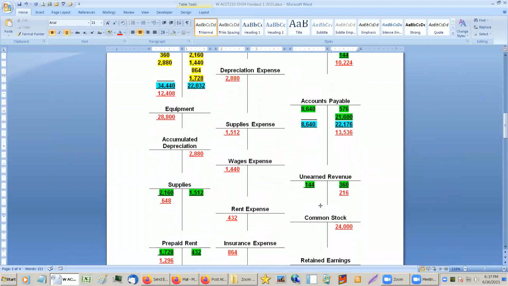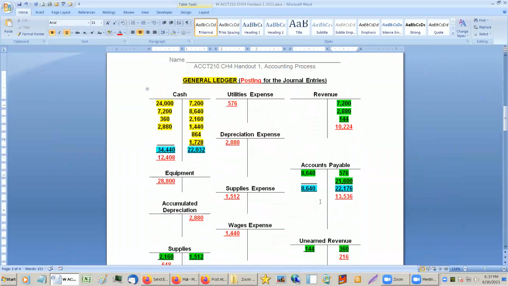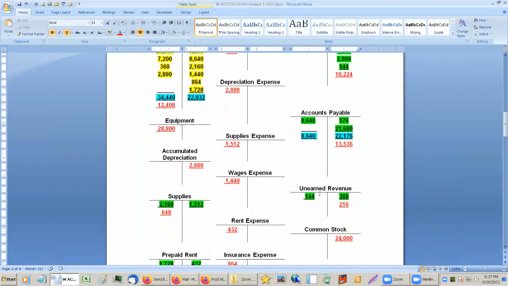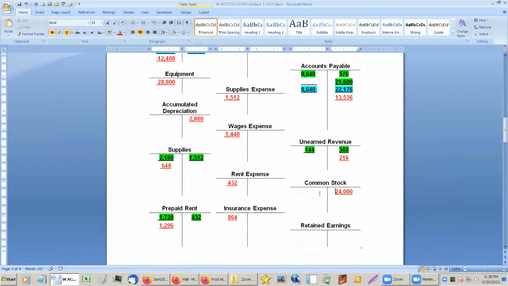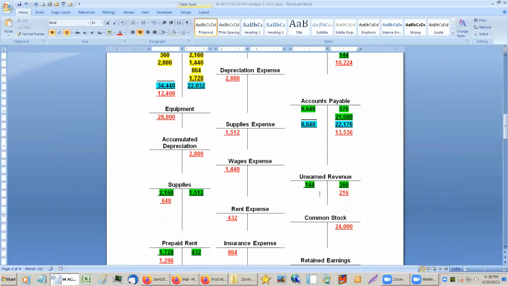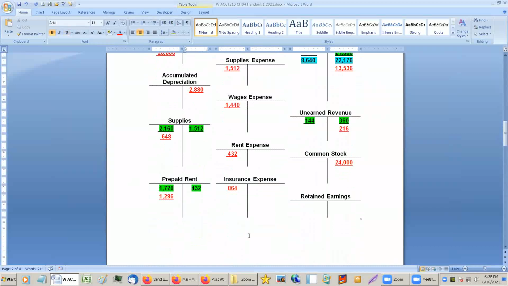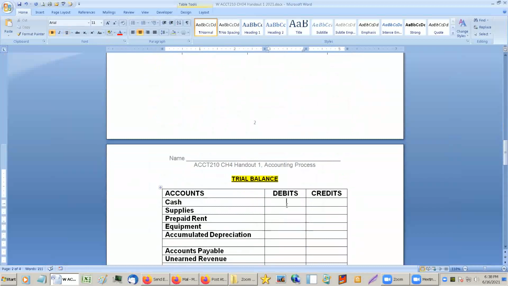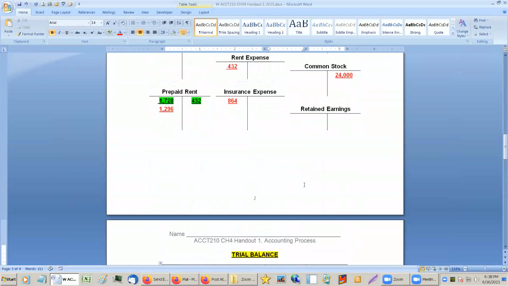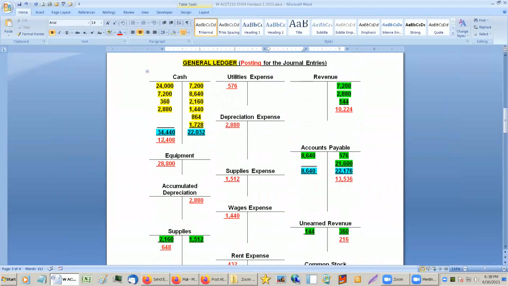So that was part of the original opening of the company. So what we're going to do now is take all of these numbers and put them down here. So cash will be 12,408.